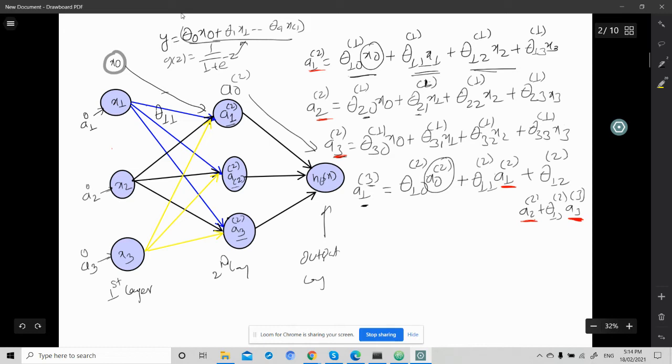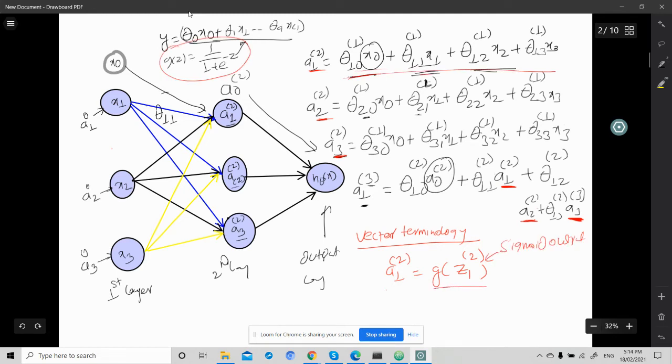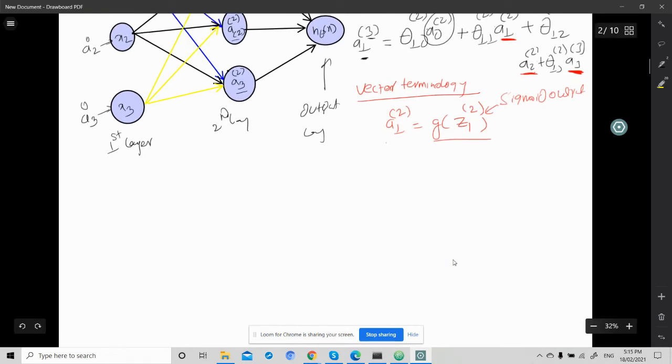Okay, so in vector terminology, in a vector way of representation, we can even write a1 of 2 as g of z1 of 2, because we know that our output is g of this, or all these, in vector notation.